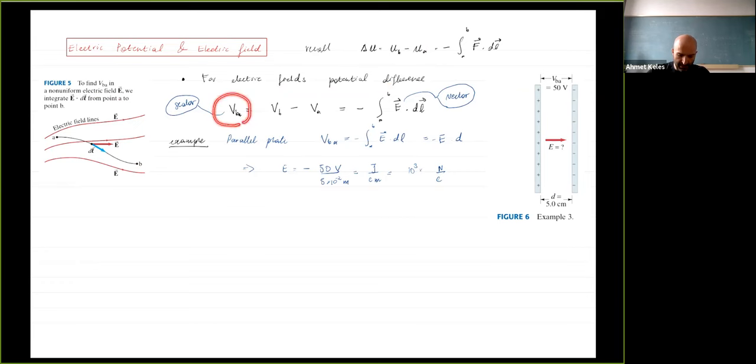So let's think about VBA defined as VB minus VA. If I use this form and divide it by charge, I get minus the integral of the electric field dot dl from A to B. So VBA is equal to the integral from A to B, with an overall minus sign, of E dot dl.